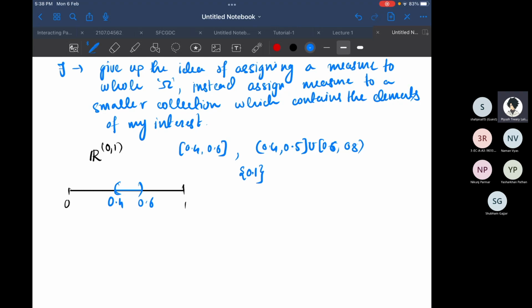Using intervals you can create any kind of element that you want. It could be a point like 0.1, or a disjoint union of sets like this one. Anything that you want can be constructed using intervals, open sets, so to say.